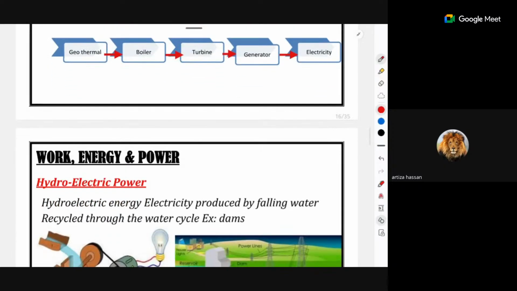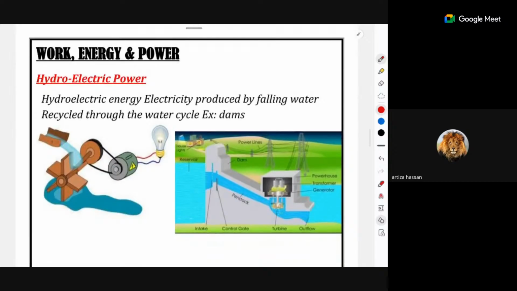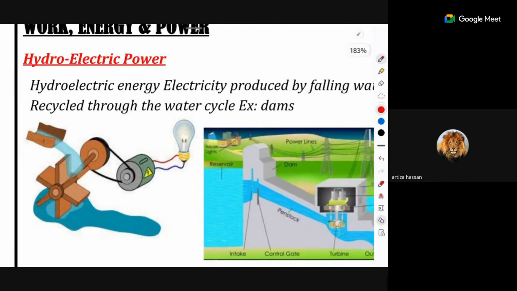Okay, then we have another setup that is basically available in hydroelectric power. Actually, this is a small setup. If you see, this is a local hydroelectric power plant.